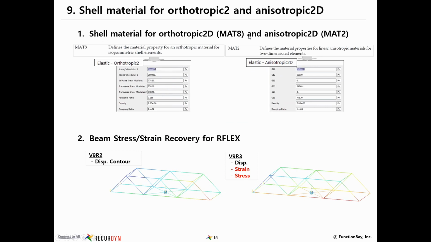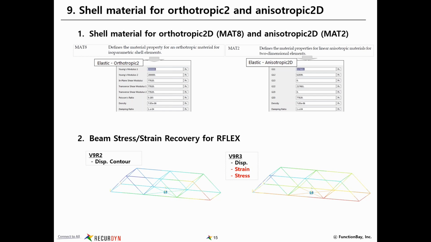There are two new shell material properties included in V9R3. One is called orthotropic 2D, which corresponds to the Nastran MAT8, and the other is anisotropic 2D, which corresponds to Nastran MAT2.